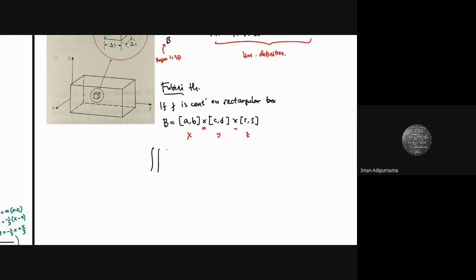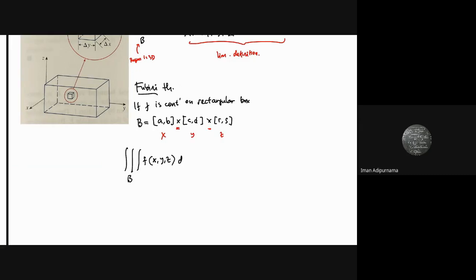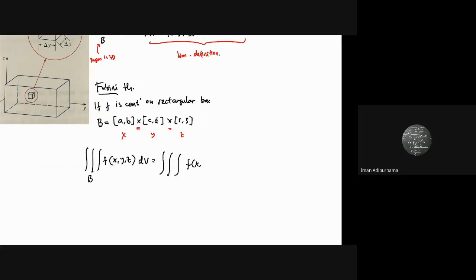So we can put in our AB, CD, and RS as our boundary. And let's start with dx, dy, and dz.